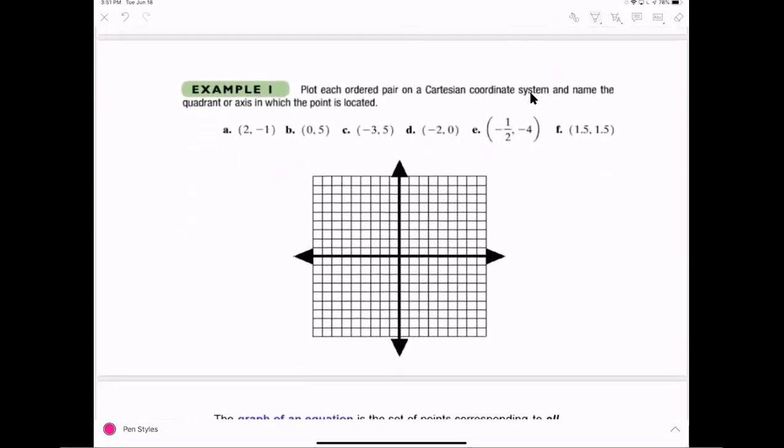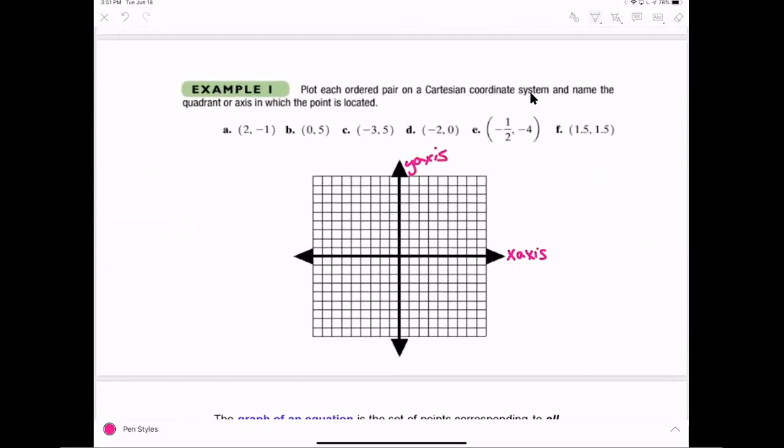So the first example, we are going to plot these points and label them, and then we're going to name what quadrant or axis they are located. Remember your axis, this is your x-axis, this is your y-axis.